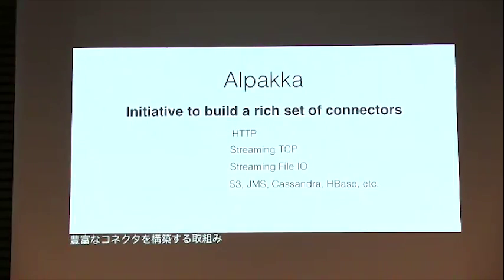So the whole Alpakka initiative becomes like Apache Camel for reactive applications. Currently there are HTTP, streaming TCP, streaming file IO, S3, JMS, Cassandra, you name it, connectors, allowing connecting Akka Streams to selected infrastructure, and Reactive Kafka is one of them.